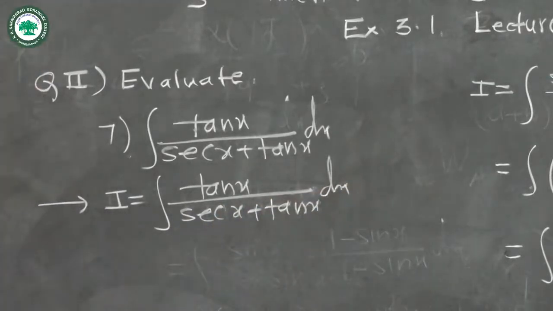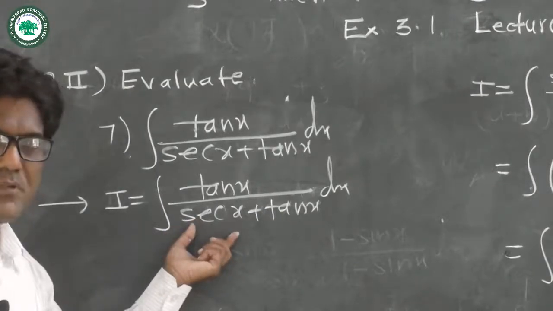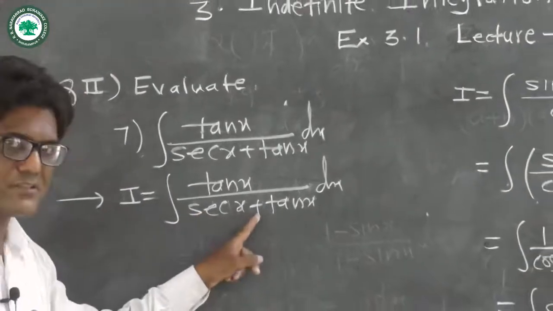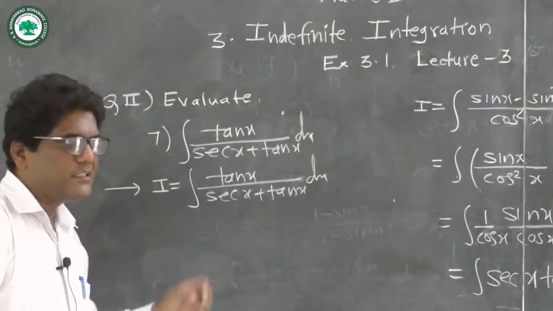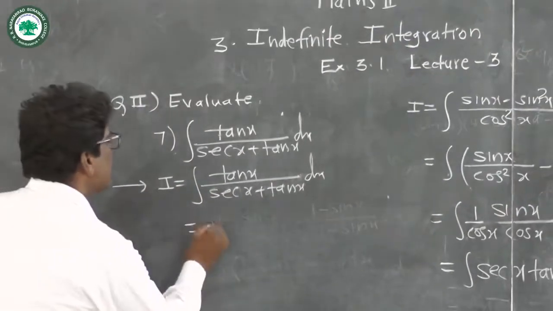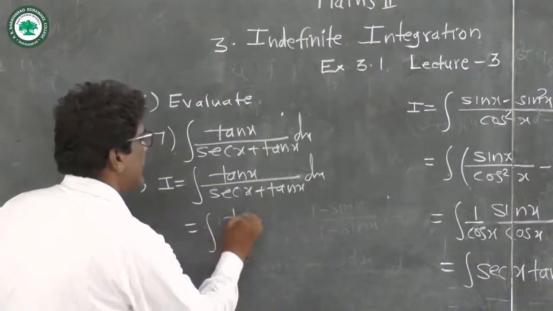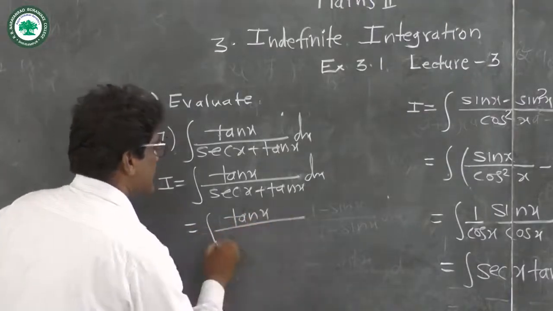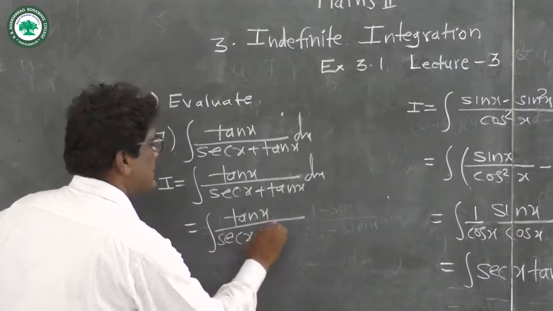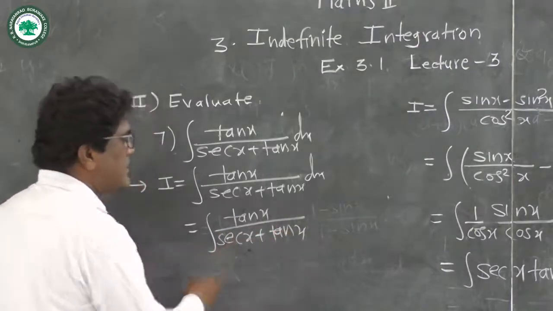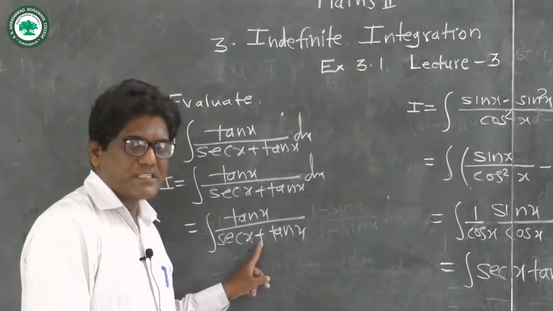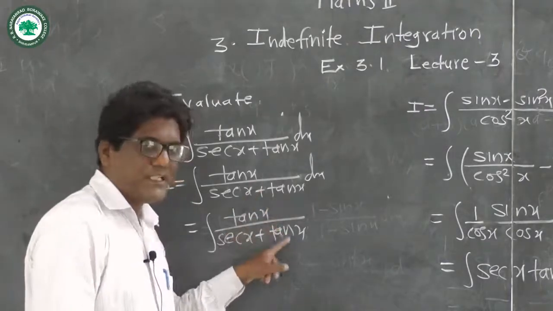Now here take the conjugate of the denominator. Here it is plus sign, so we only take minus sign and multiply to numerator and denominator. So it is equal to integration of tan x upon sec x plus tan x. Its conjugate of denominator is sec x minus tan x, multiply to numerator and denominator.